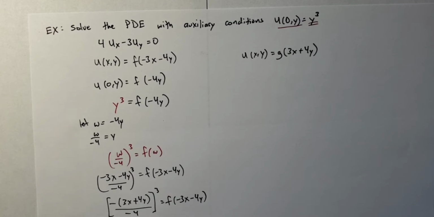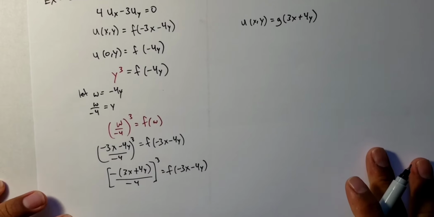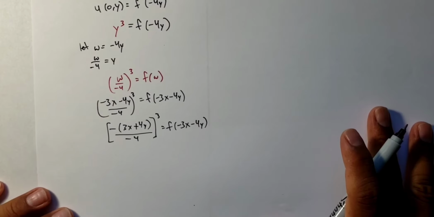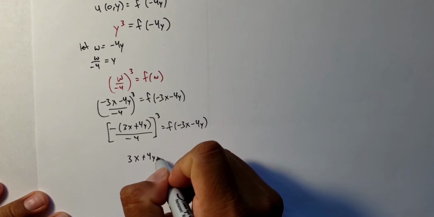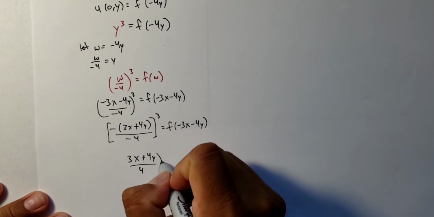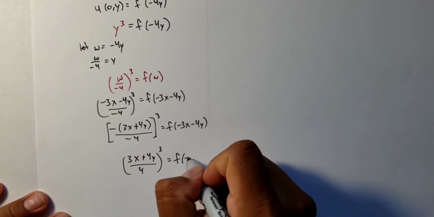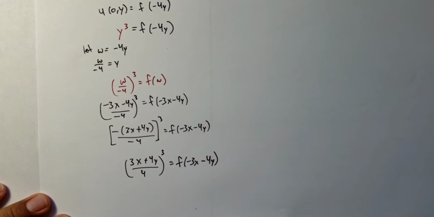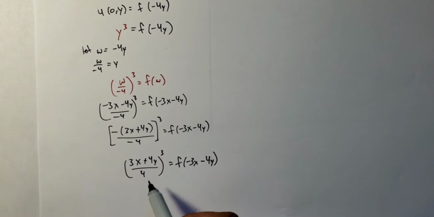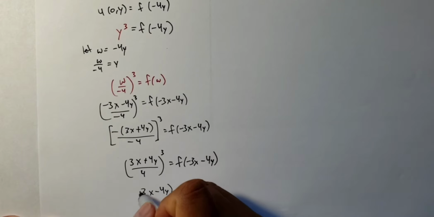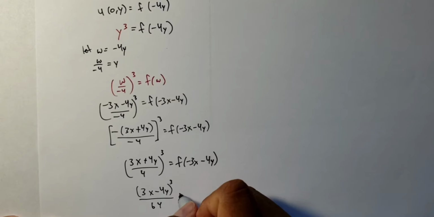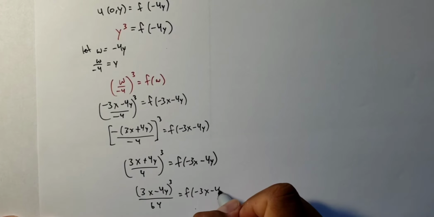The negatives cancel out, and you can distribute the 3 to the top and bottom of your fraction. So we end up with 3x plus 4y over 4, to the power of 3, which is 3x plus 4y to the power of 3 over 64, equals f of negative 3x minus 4y.